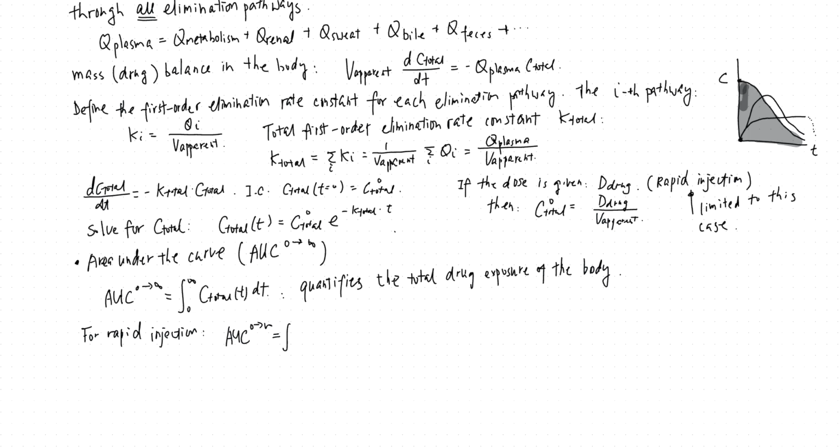So now we can substitute our concrete expression for C total. You integrate it, and then after integration, you will find that it equals C total zero divided by K total.